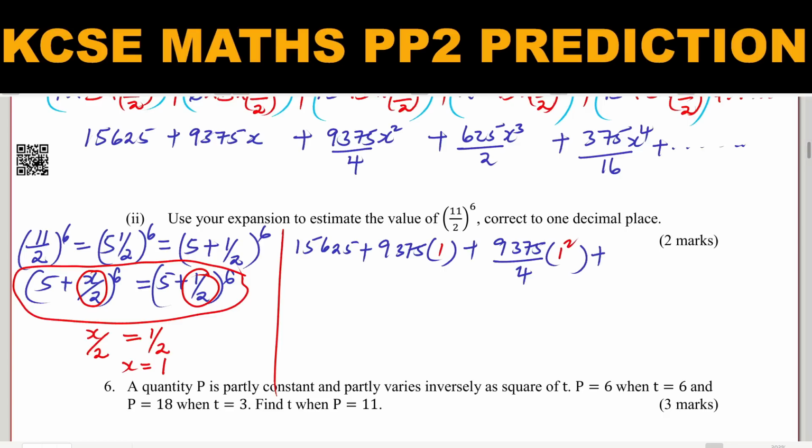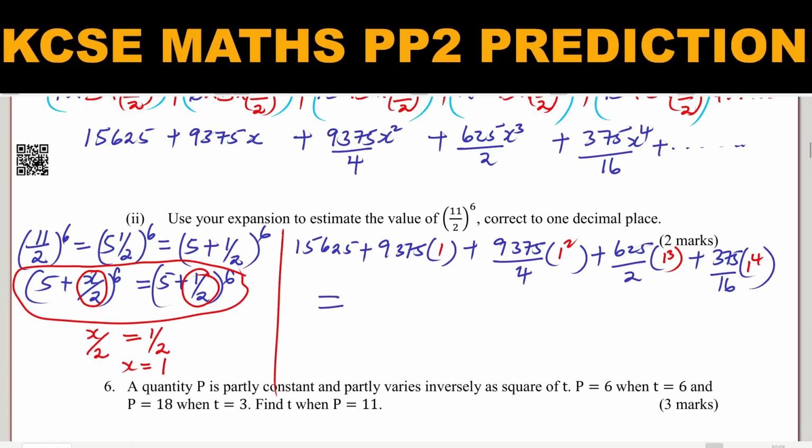It will not make any difference. Then 625 divided by 2, and then we have x cubed. X is 1. Then plus 375 divided by 16. X is 1 raised to power 4, like that. It does not make any difference by multiplying by 1.